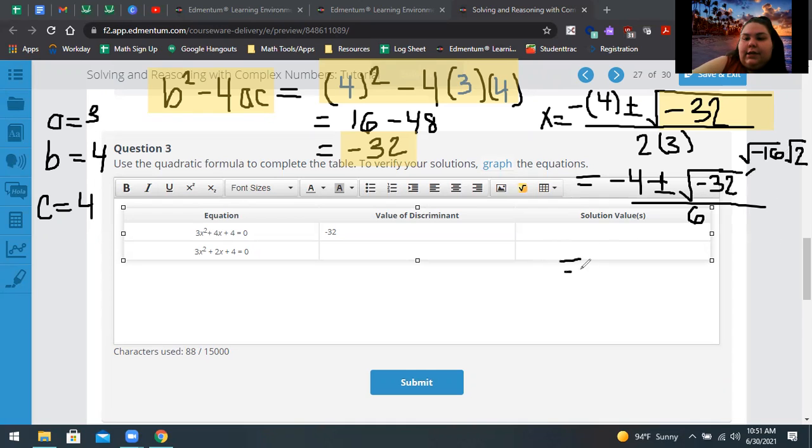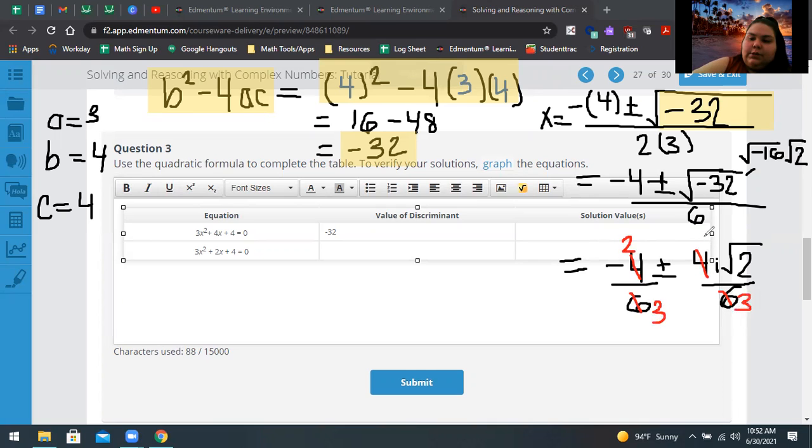So I have negative 4 plus or minus the square root of negative 16, which is 4i, times the square root of 2, over 6, but we're going to split it. Simplifying by dividing top and bottom by 2, this becomes a 2, this becomes a 3, this becomes a 3, and this becomes a 2.